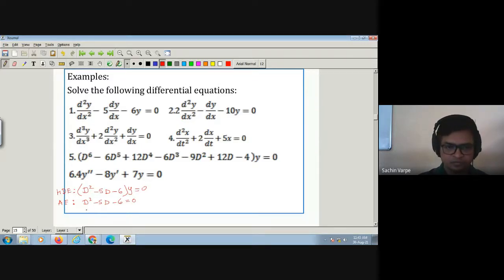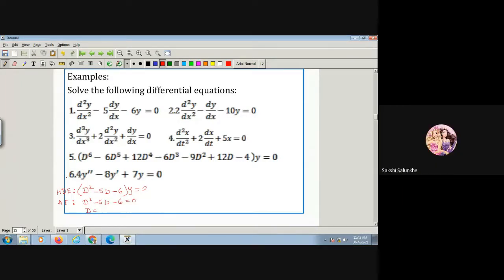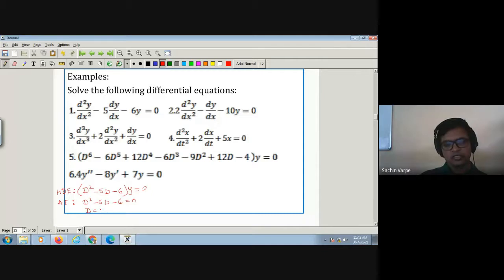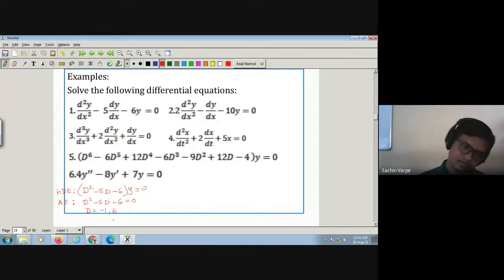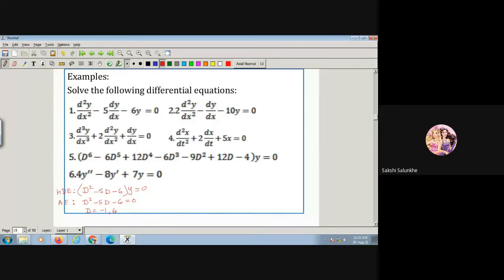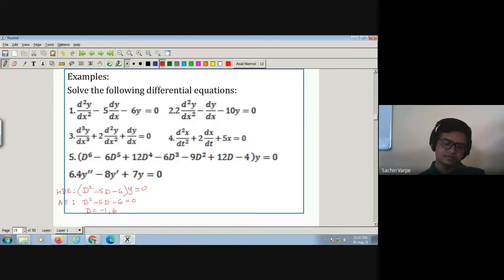So what are the roots? The numbers are minus 6 and plus 1, right? So the roots are minus 1 and 6. Please check. So what kind of roots are these?